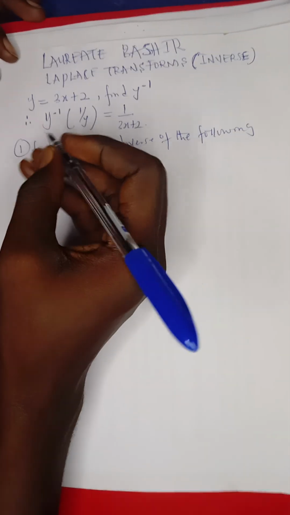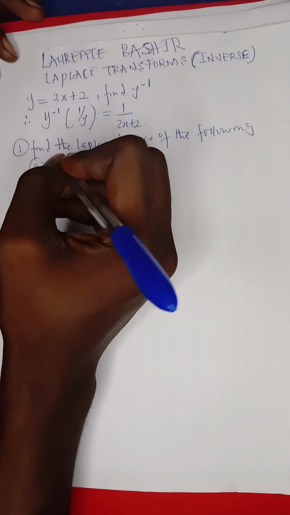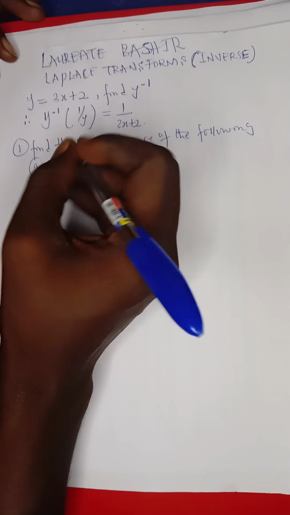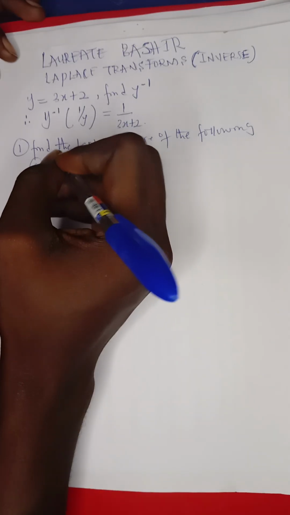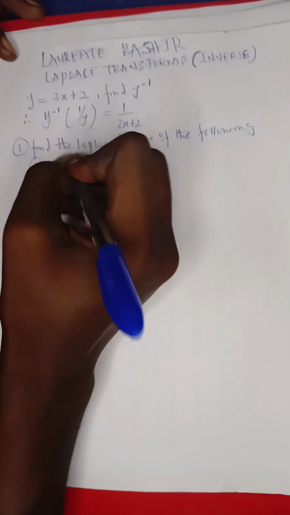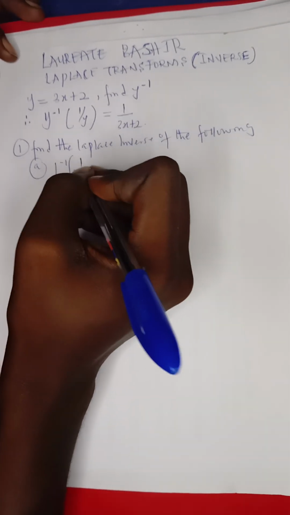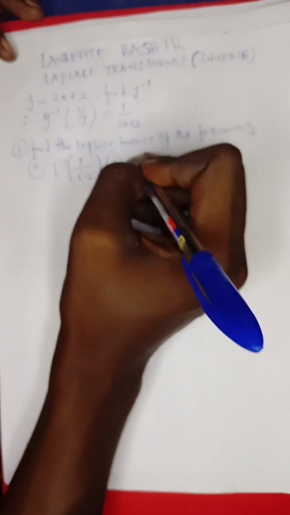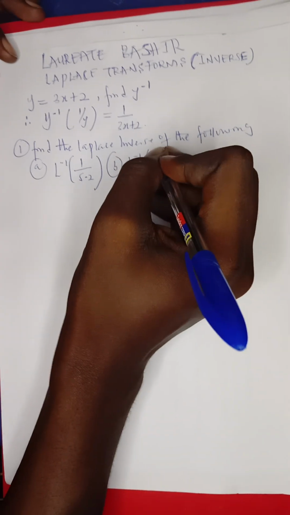A, L inverse of 1 over s minus 2. B, Laplace inverse of 4 over s.